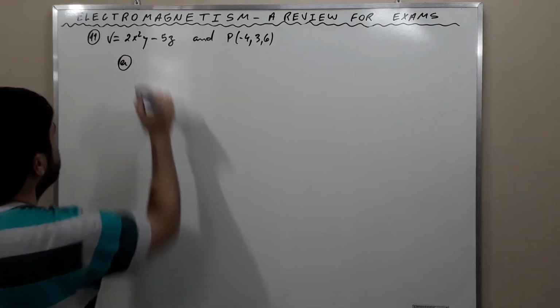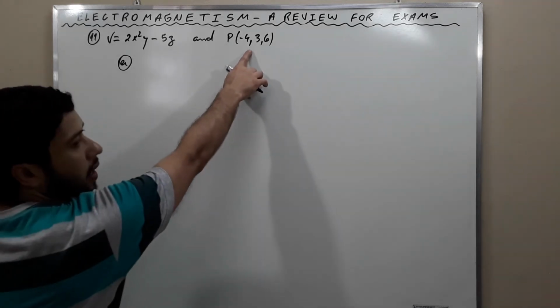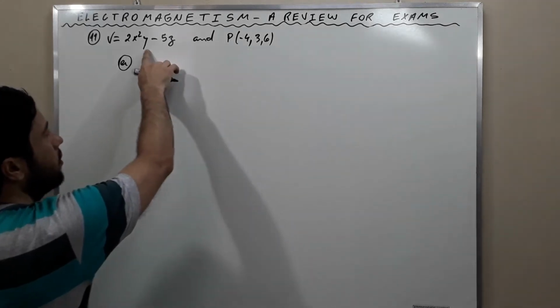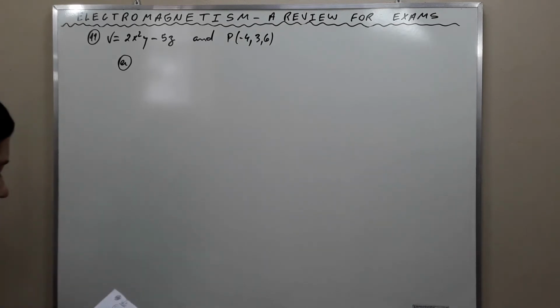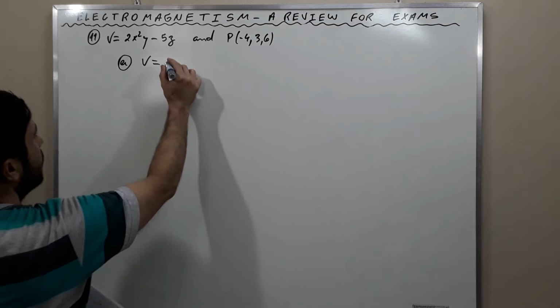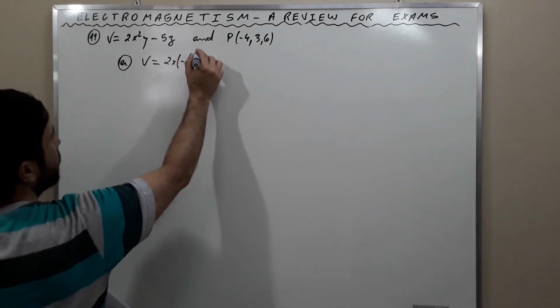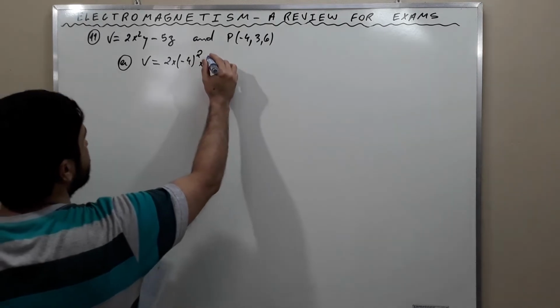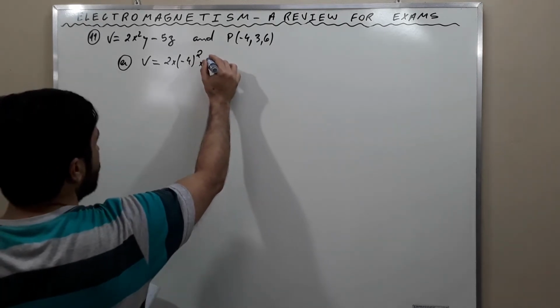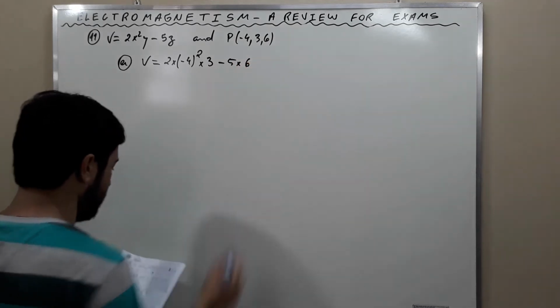The solution. The electric potential at P is going to be found by applying this here. It is easy. We simply multiply 2 times negative 4 squared times 3 minus 5 times 6.